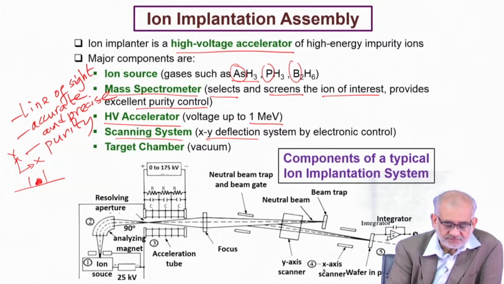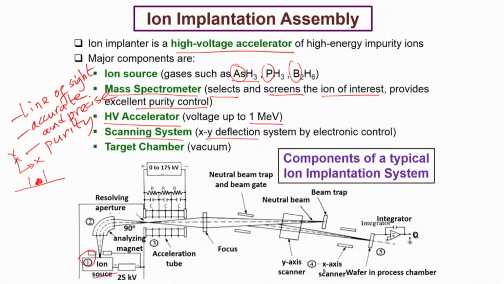First, of course, is the ion source. So here is the ion source, and a few tens of kilovolts will allow this vapor, the gas, to be vaporized and then subsequently ionized. Then you extract the ions, and you make them bend almost 90 degrees, in such a way that the neutrals are not needed anymore.